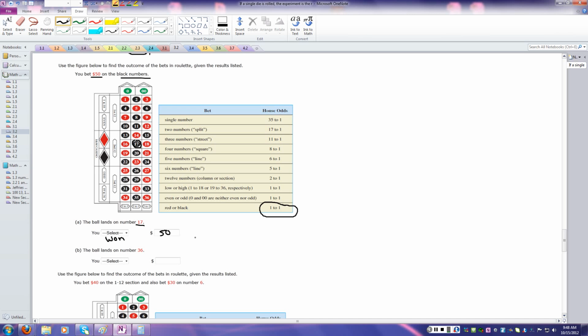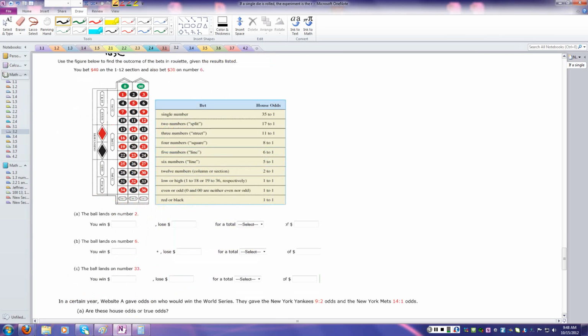So you bet $50. So this is what you win. If you land on 36, 36 is red, so you lose, and you can only lose the amount you bet, so you lose $50.